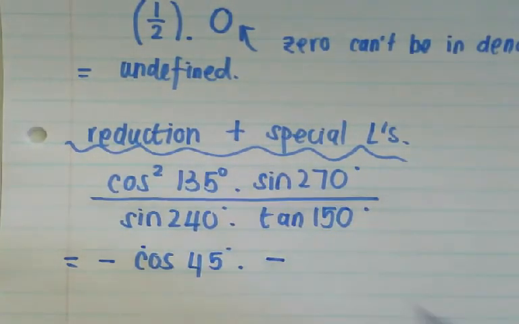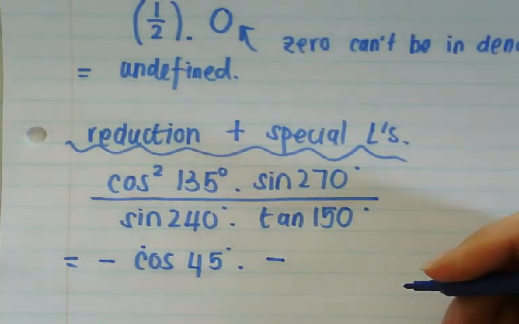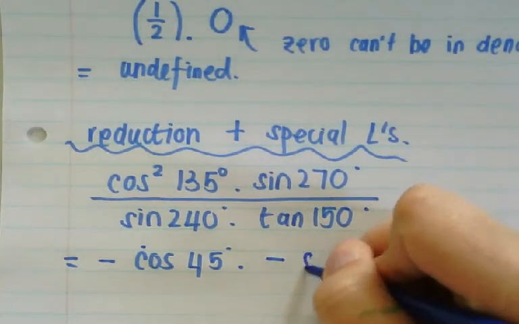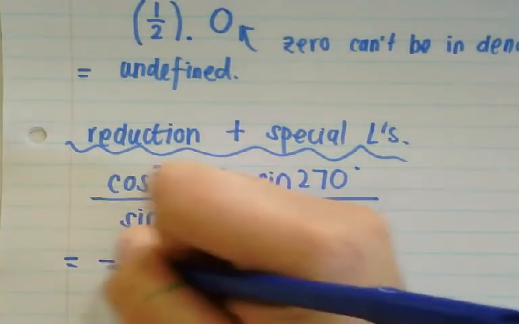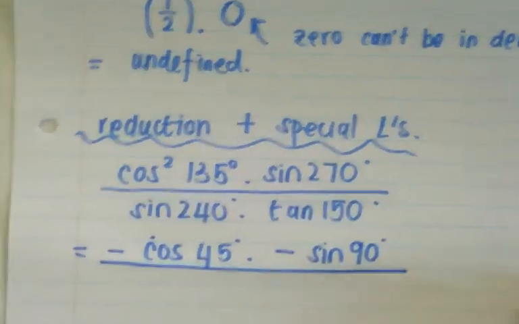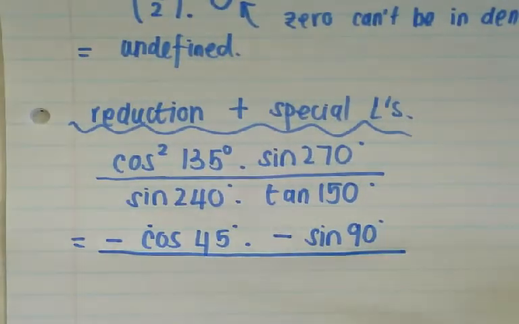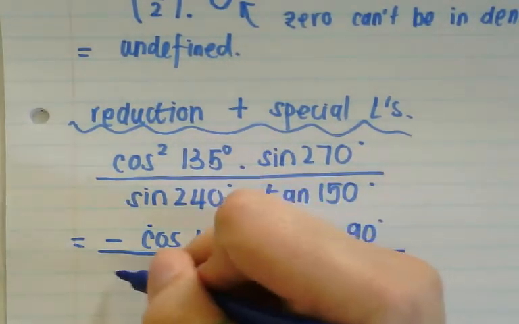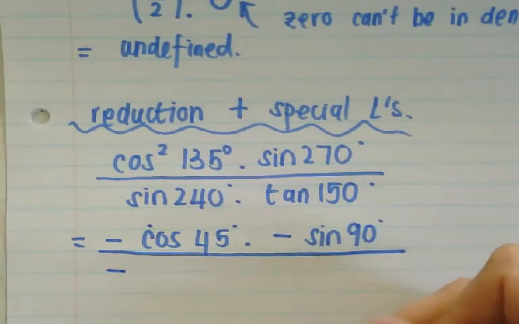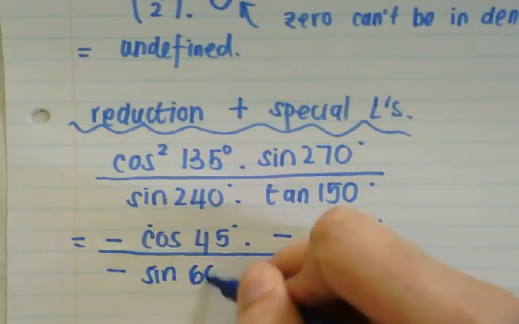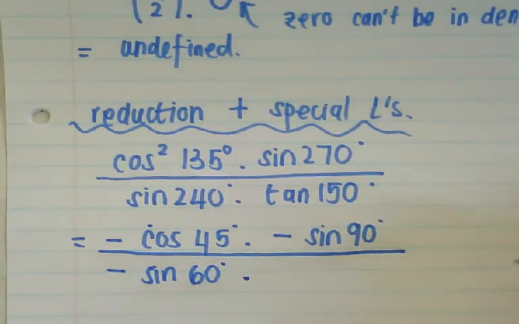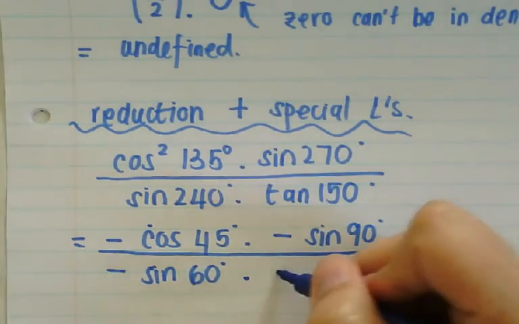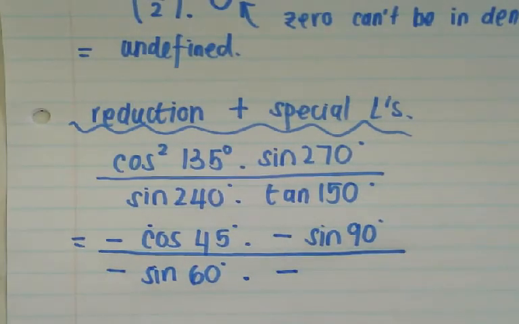That would be 180 plus. 180 plus what? 90 degrees. Sine 240, which quadrant? Positive or negative? 180 plus what? Tan 150 in which quadrant? Quadrant 2, positive or negative? 180 minus what gives me 150?